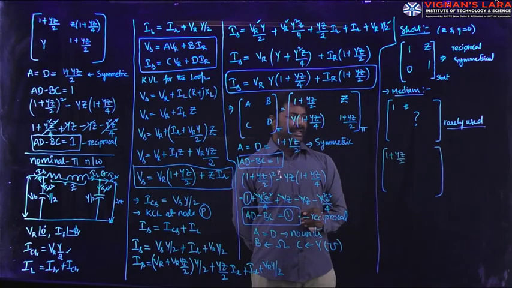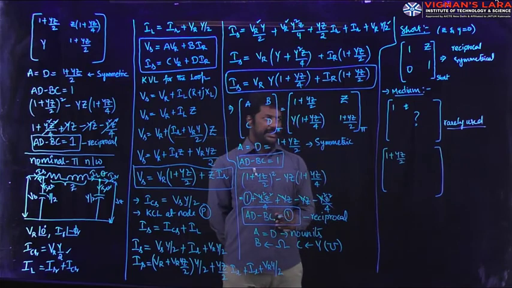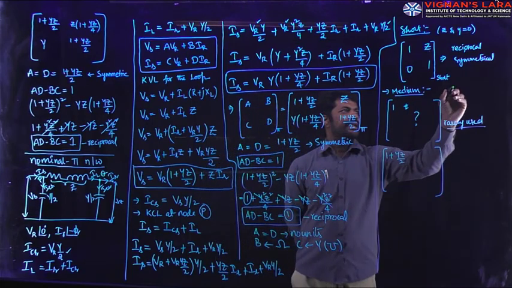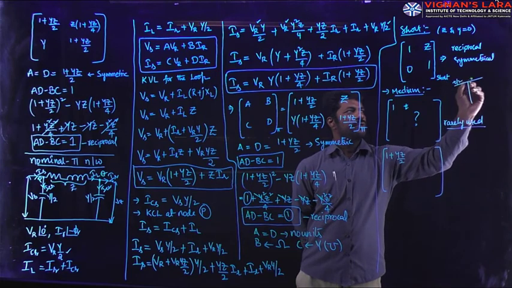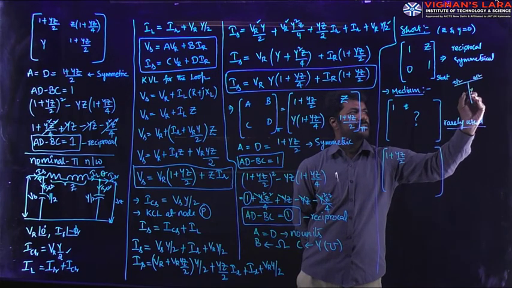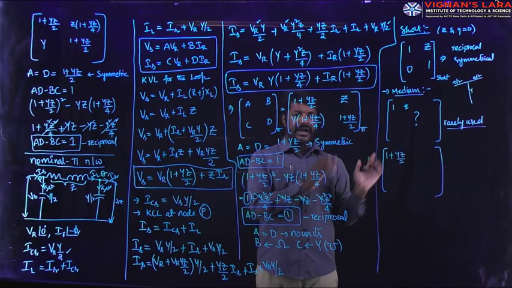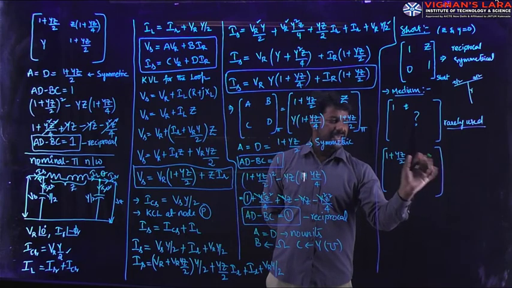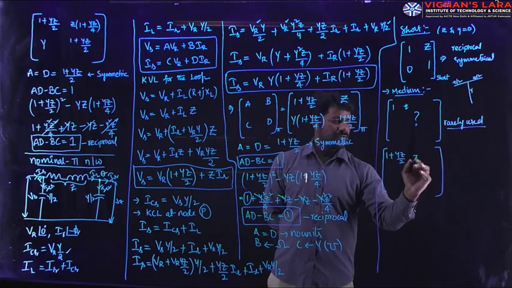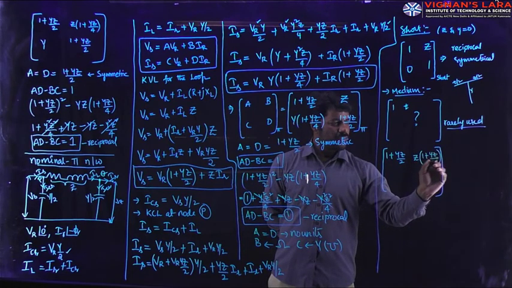The T letter indicates the shape of the T, where the impedance was divided into two parts as Z by 2, and this becomes Y. Since the impedance part is divided into two parts, you will get the constant B as the entire value Z multiplied with a fraction, 1 plus YZ by 4.